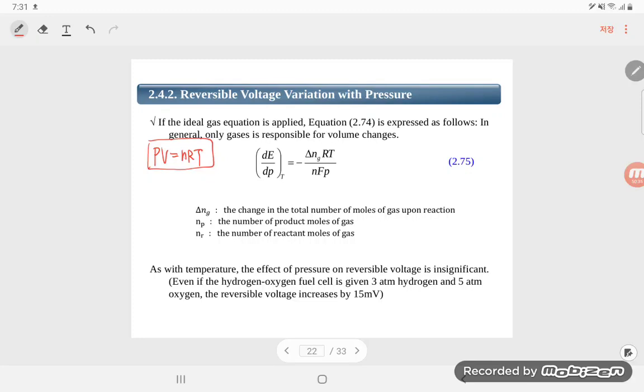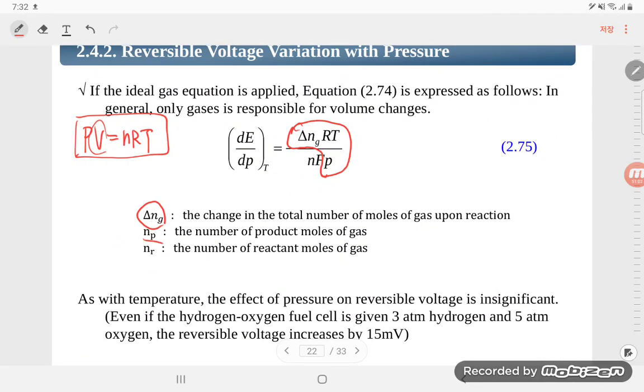By using this, V is converted to delta N RT over P. In here, delta Ng is the change in the total number of gas molecules. This is the product and this is for the reactant, right? So this is Np minus Nr.